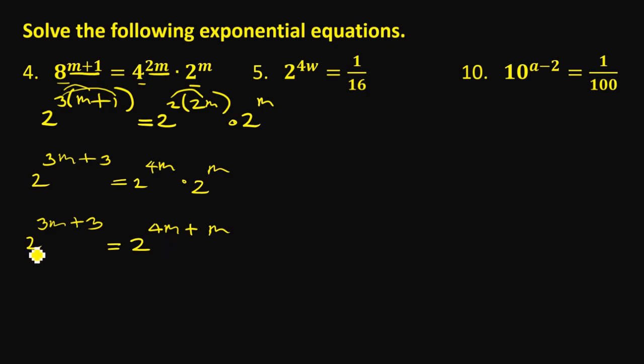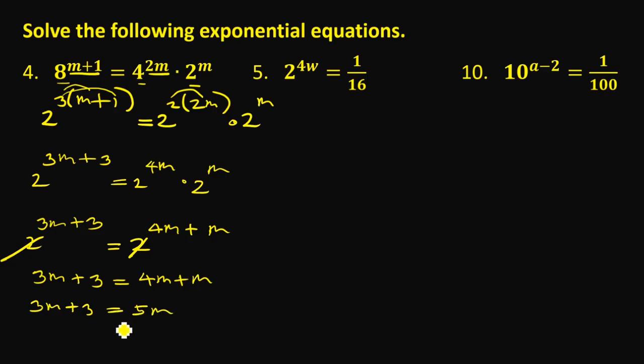Next, since we now have the same base on both sides, you can cancel the base and then copy the exponents. We have 3m plus 3 equals 4m plus m. 4m plus m are like terms, so we can add that. Therefore, 3m plus 3 equals 4m plus 1m, or 4m plus m is 5m.